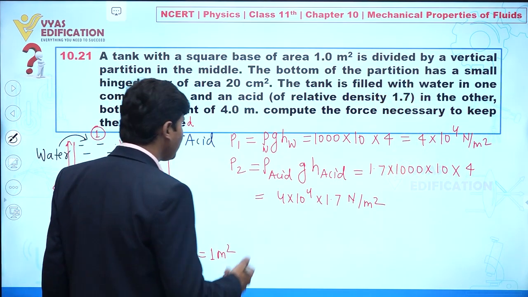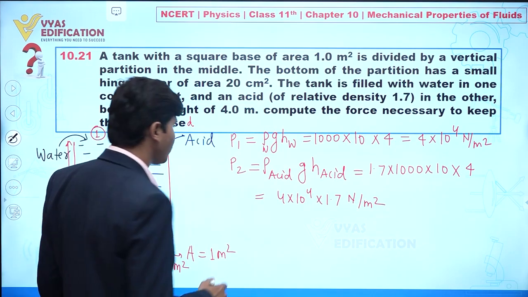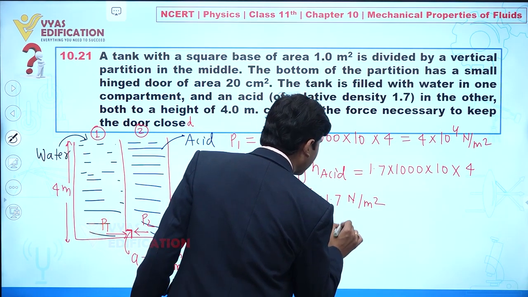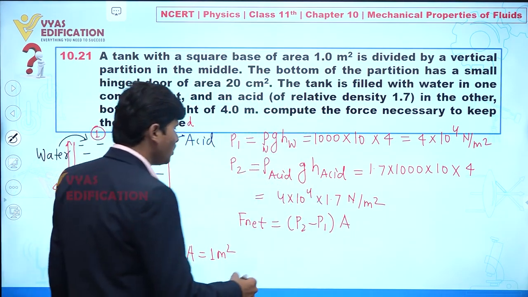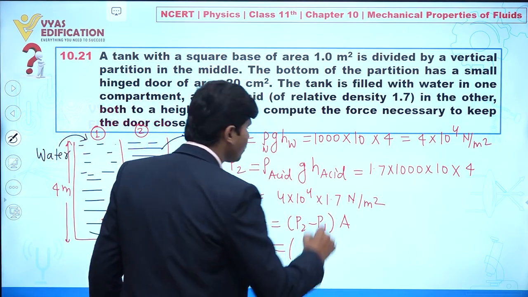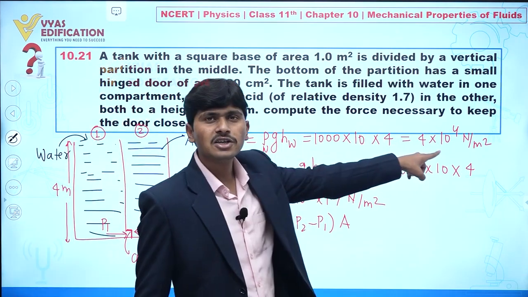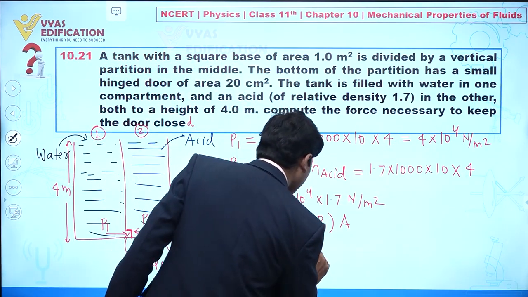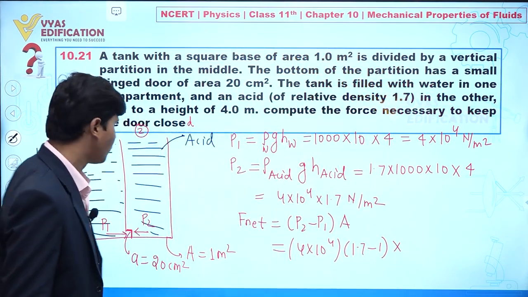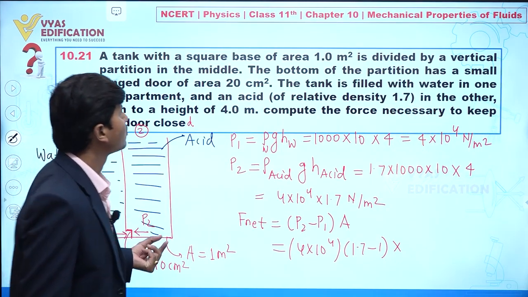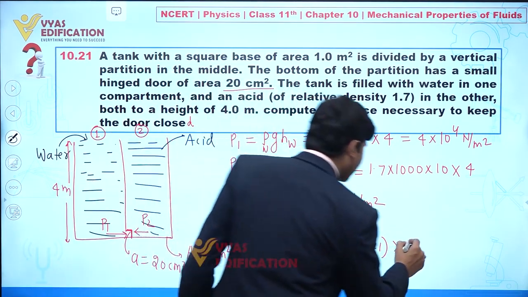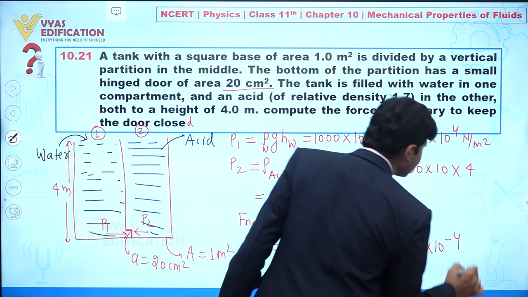Our objective is to calculate the net force, which is P2 minus P1 multiplied by the area. P2 is 4 into 10 to the power 4 into 1.7, and taking 4 into 10 to the power 4 common, we get 1.7 minus 1, multiplied by the area. The area of the hinged door is 20 centimeter square, which is 20 into 10 to the power minus 4.